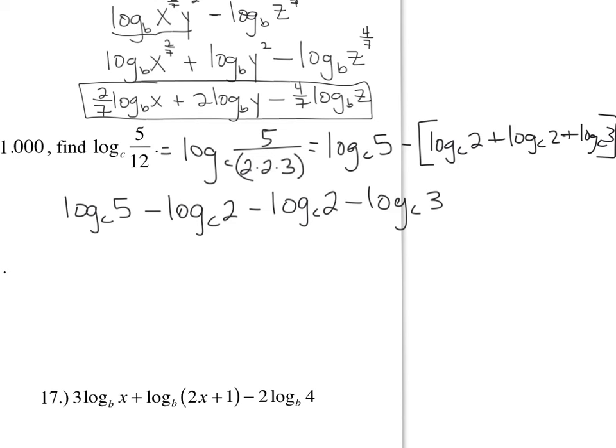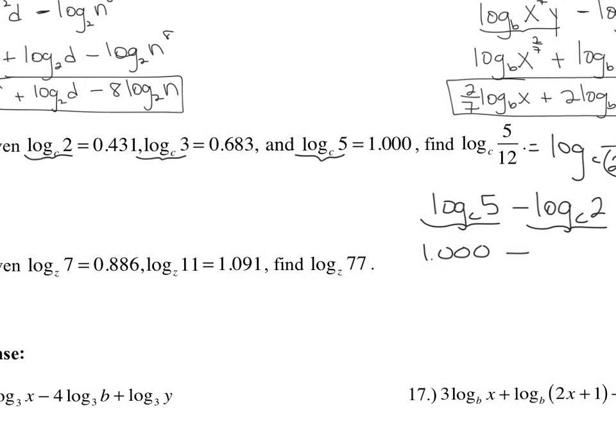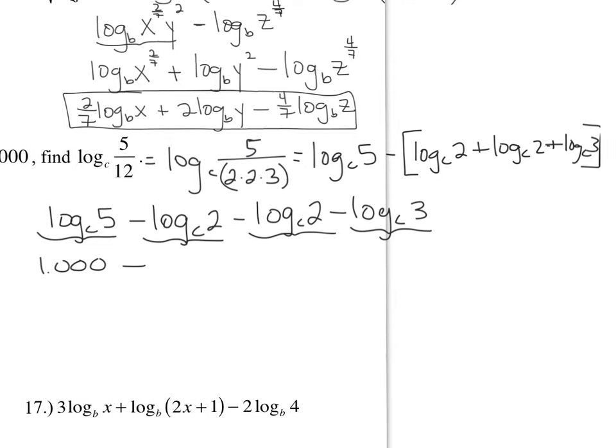So essentially I had already distributed this negative: a minus times the first one, a minus times the second one, and a minus times the third term. So it essentially is all subtraction. I just subtract right away if I know it's in the denominator. Just saves me a little bit of time. And all of these values we know because they were given to us in the actual problem. So I know log base c of 5 is 1.000, and log base c of 2 is 0.431.